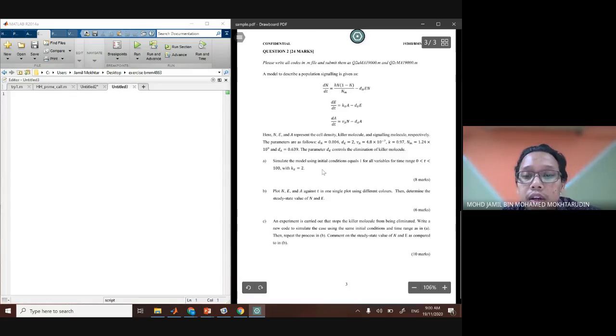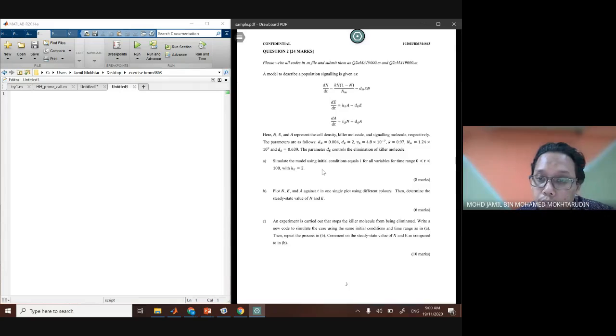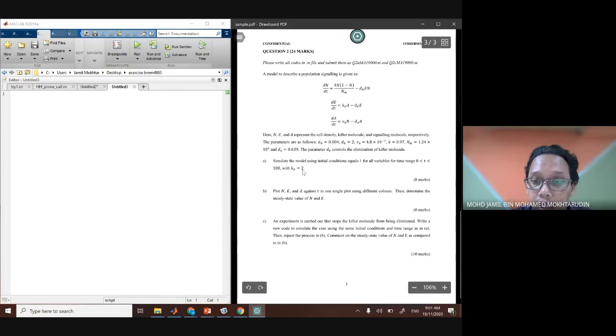Okay, question A. Simulate the model using initial conditions equals 1 for all variables. So initial condition dia 1 untuk semua. And for time t from 0 until 100, KE equals 2.